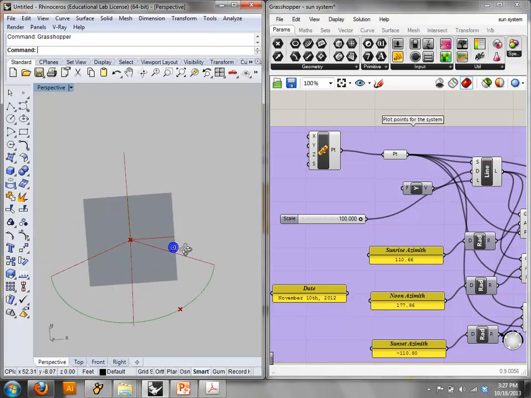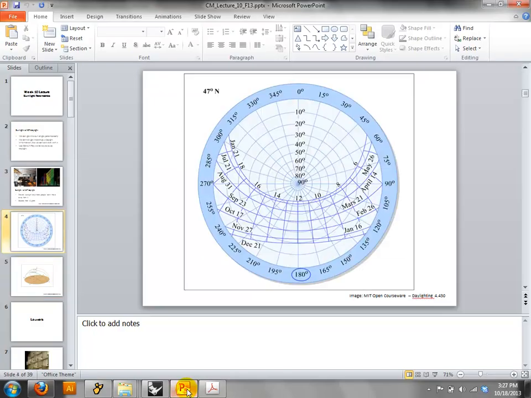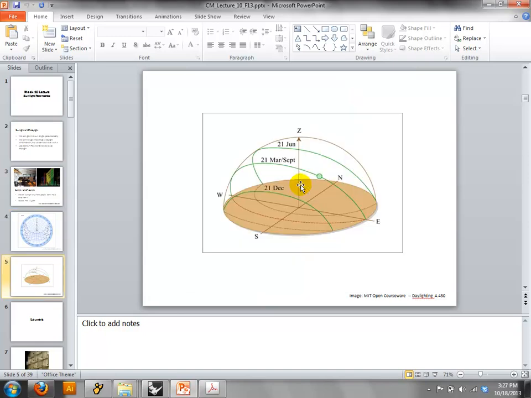Well, the problem is that, and this is actually where this is not so computational. If you look at it from above, there's an angle of where the sun starts on the left side, and there's an angle where it ends up on the right side, and there's an angle here in the flat side, right? And then in elevation or in section, however you want to think about it, there's an azimuth.